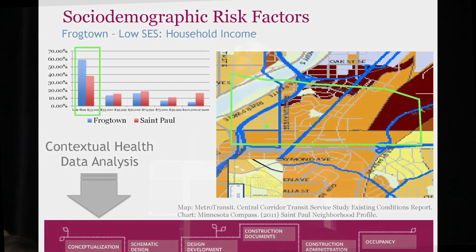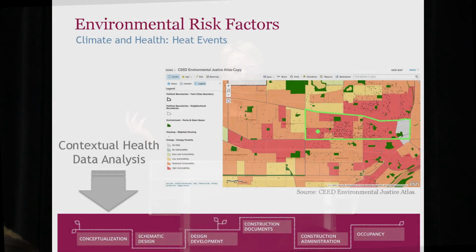So looking at climate change and health with the same portal, we see that one of the environmental risk factors is impervious surface or urban heat island. We can't really see that from this particular slide, but we can see that there's one pocket park a few blocks away. So it's something that you would want to check on to see, what's the level of impervious surface around this site?